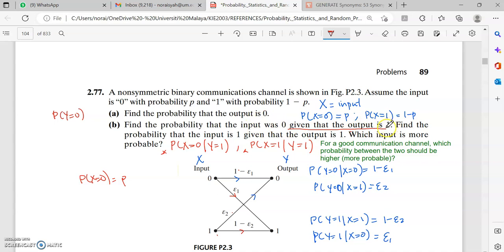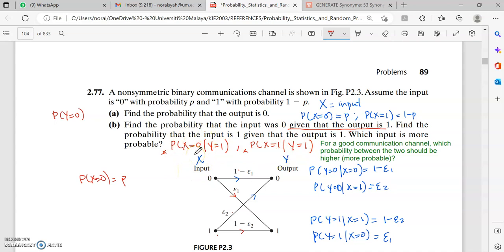The question is not very clear, so I rephrase it like this: for a good communication channel, which probability between this and this should be higher or more probable? What do you think? Should this be higher than this, or this higher than this?